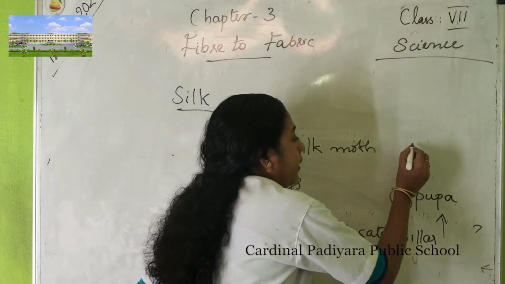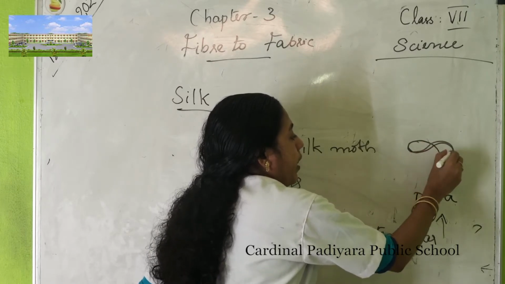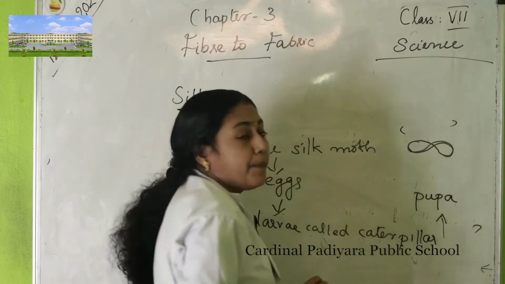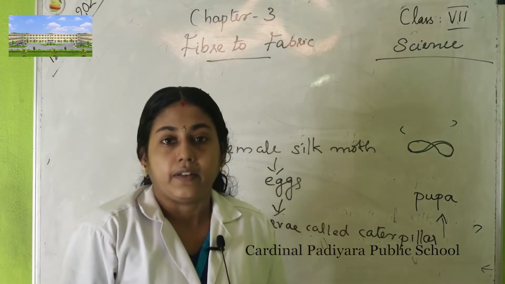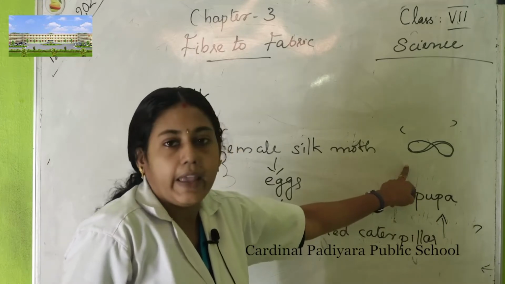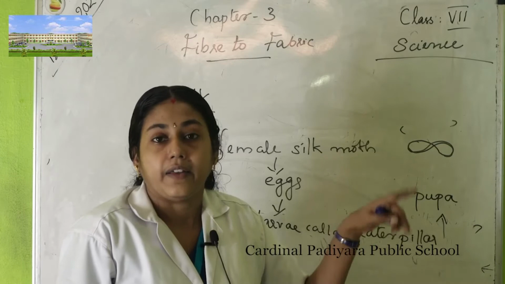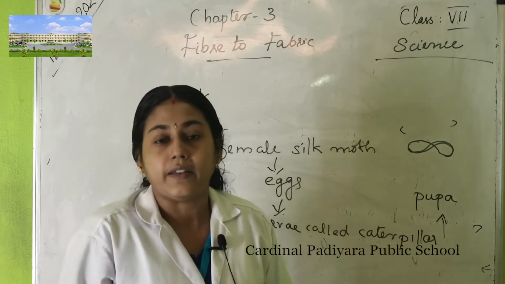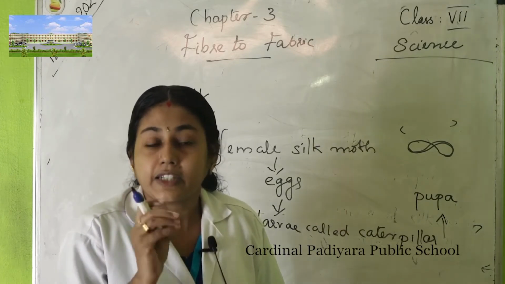This caterpillar spins a net around its body in the shape of a figure 8. During this movement, it moves its head in the figure of 8 and produces a secretion from its mouth.